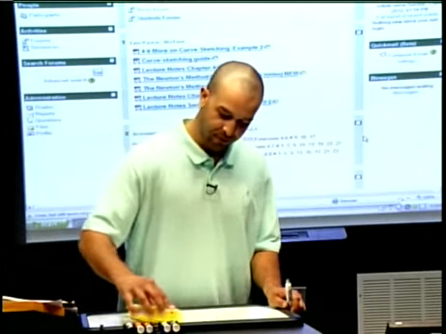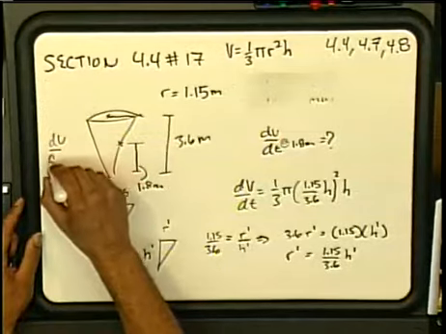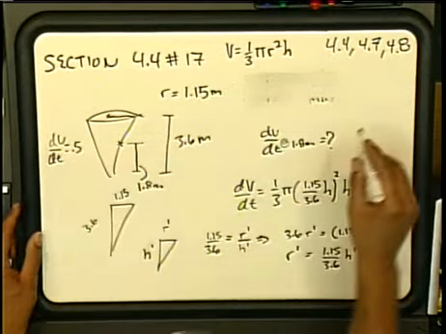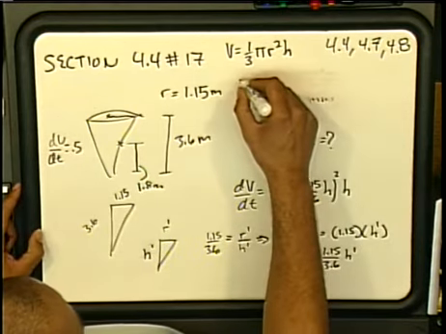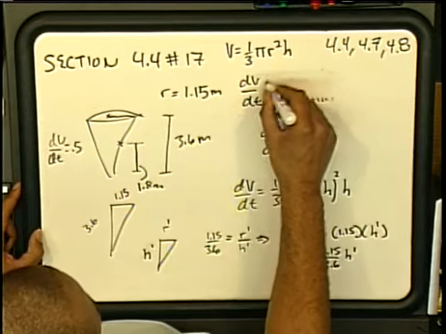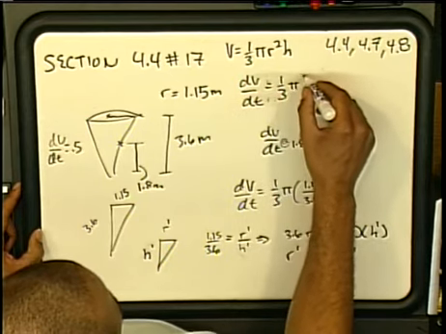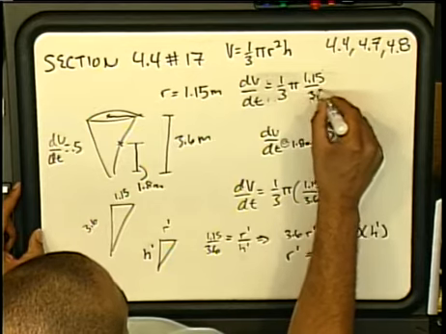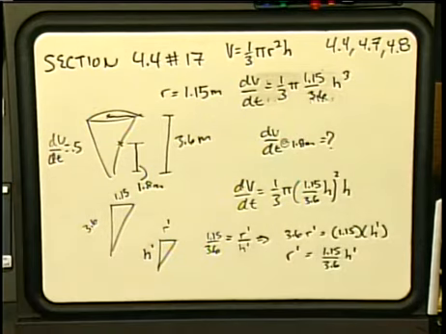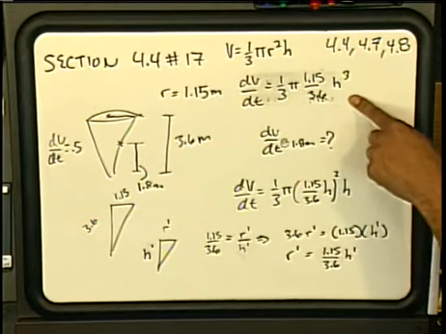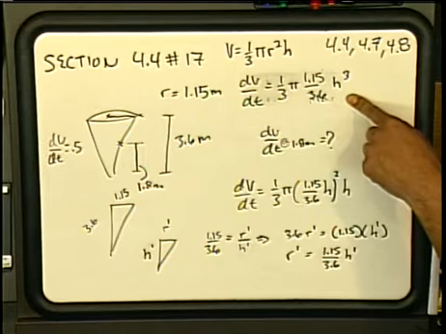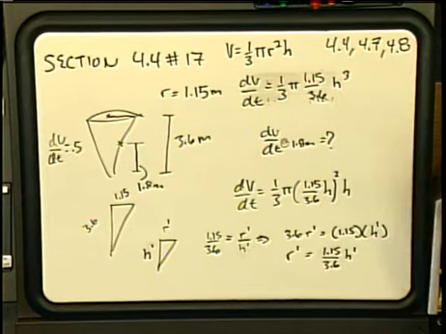Erase dV dt. It'll just be H squared, H cubed.